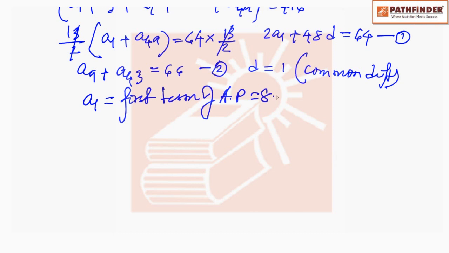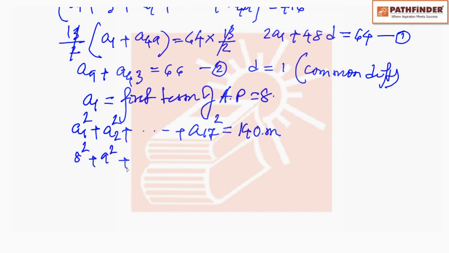So they are asking to find A1 square plus A2 square plus up to A17 square equal to 140 into M. Now if we calculate this, we are getting 8 square plus 9 square plus 10 square up to the last term, which will be 24 square.